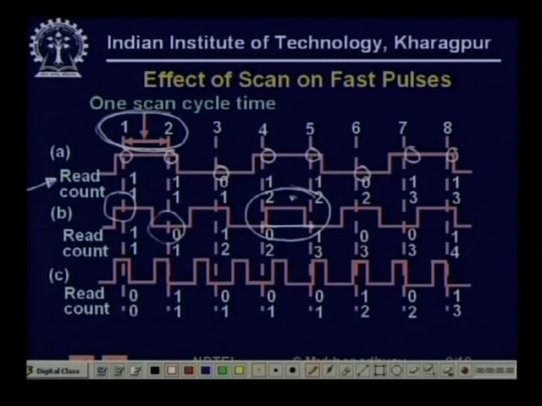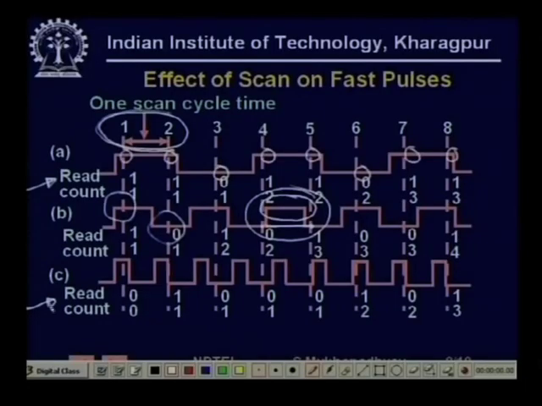That it went up to 1 in between and came down, the program will be unaware of that, and therefore there will perhaps be a small delay in the computation of the speed. If you have still faster pulses coming out, then many such pulses will be missed.